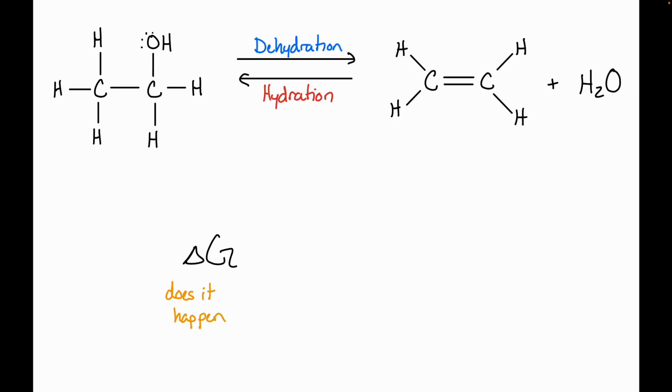Negative delta G means that reaction will proceed spontaneously. Positive delta G means it's not going to happen. In fact, the reverse is going to happen. So why do we get both directions for our alcohols and our alkenes? We have to remember delta G has two components: delta H, our enthalpy, and delta S, our entropy.